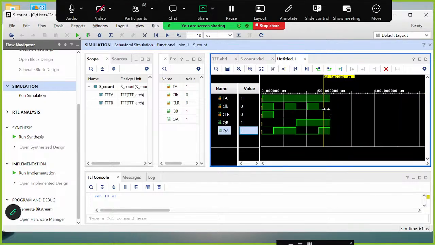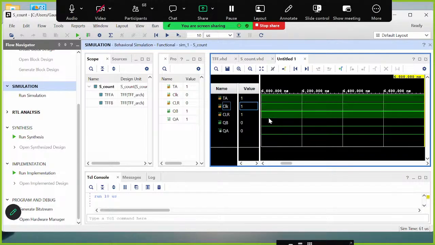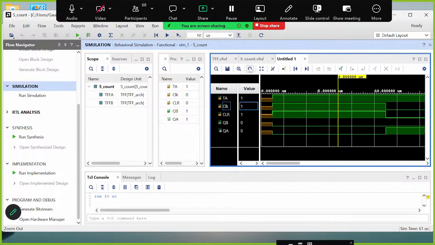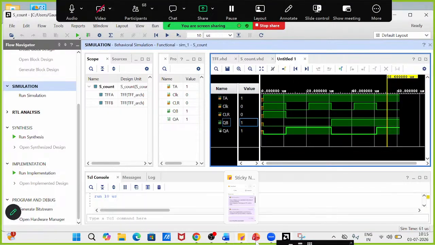Just closely watch these outputs over here. 0 0 initially, 0 1, 1 0, and 1 1. Perfect. You can take a snapshot of this for your convenience.